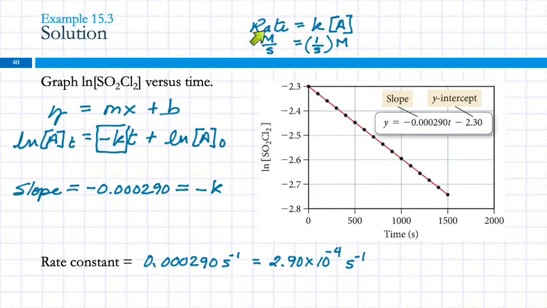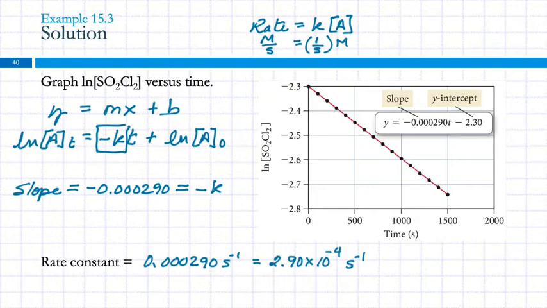So we know that the unit on a rate is molarity per second because it's the change in concentration divided by the change in time. And the unit of concentration is molarity. And so then I ask myself, well, what does the unit here need to be so that the units will be the same on both sides? And that's how I come up with 1/s. Does that help? Yeah, thank you.